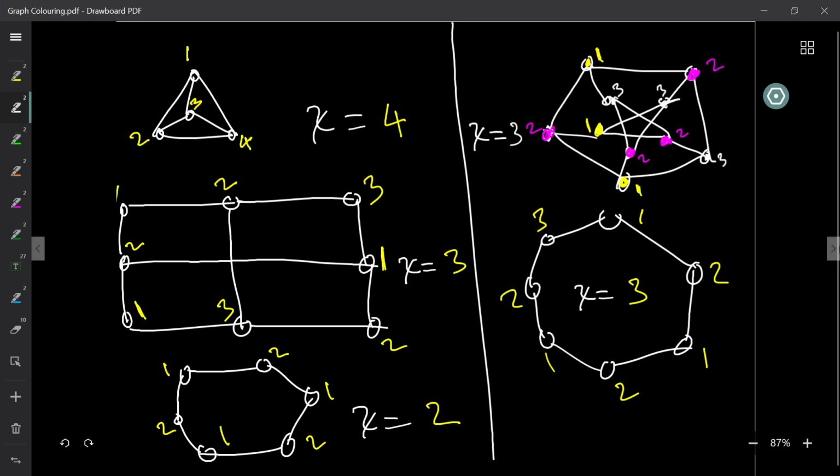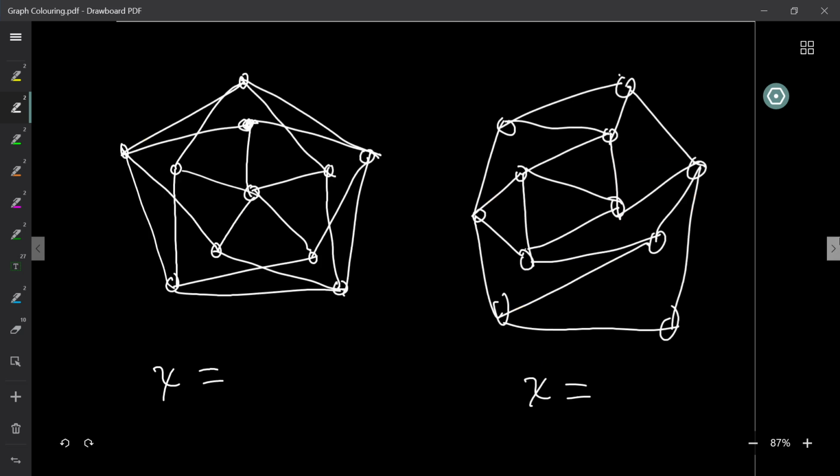Okay, so we have these examples, and now what about these graphs? I want you to work out these two examples and show that the chromatic number of these two graphs is equal to what number, and show why it is minimum, right?